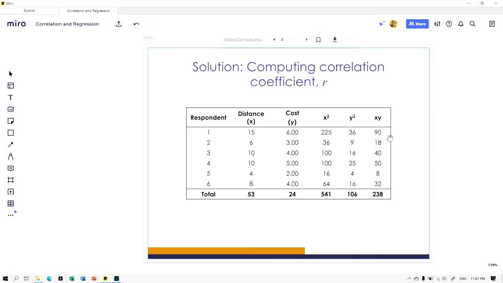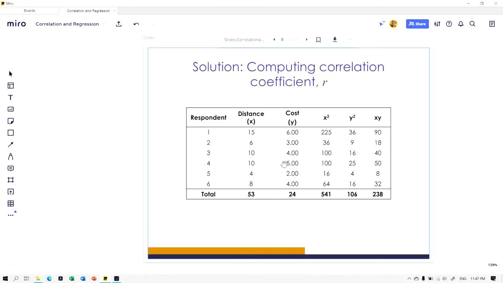To help us solve the problem, I have constructed this table to assist us in calculating the value of R. The first column represents the respondent, the second column represents the distance traveled, and the third column represents the travelling cost.